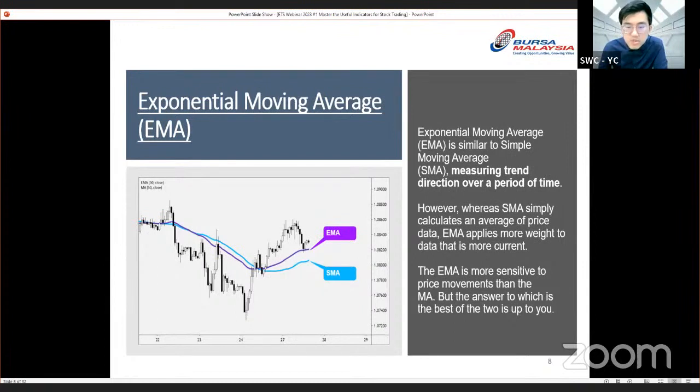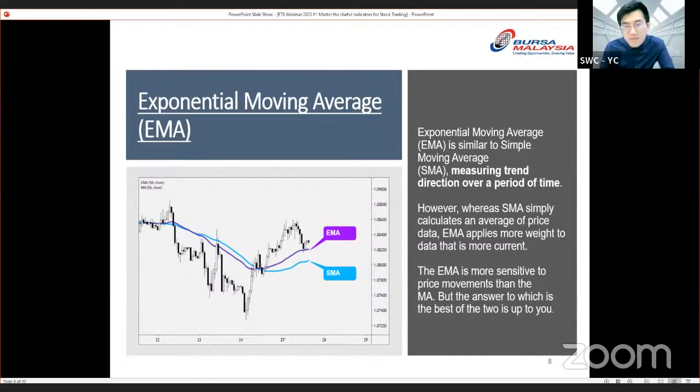Some traders like to use EMA because they can see a short-term spike in volume or price more obviously, and they are able to react more quickly to the recent movement. But it depends on which one is useful for you.